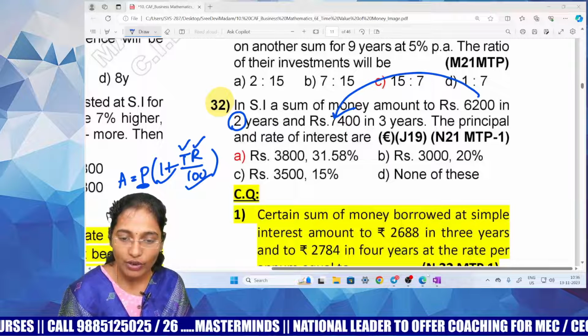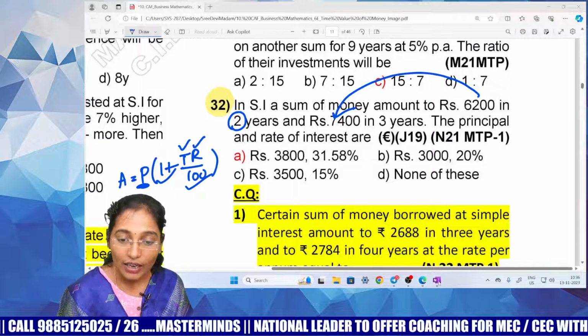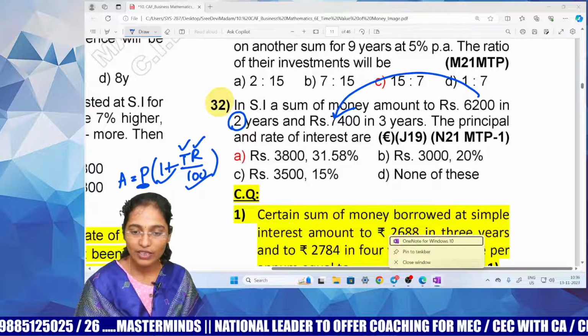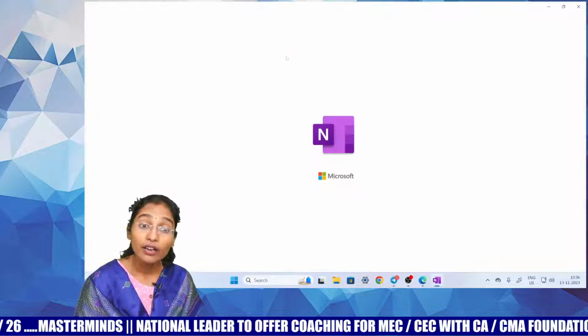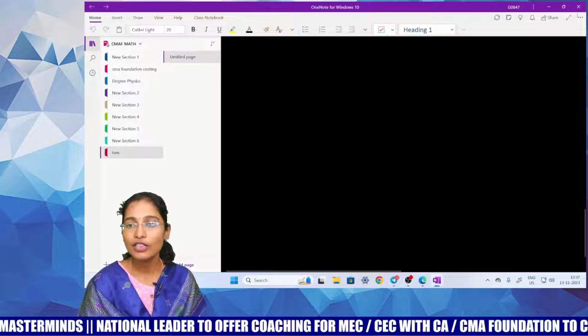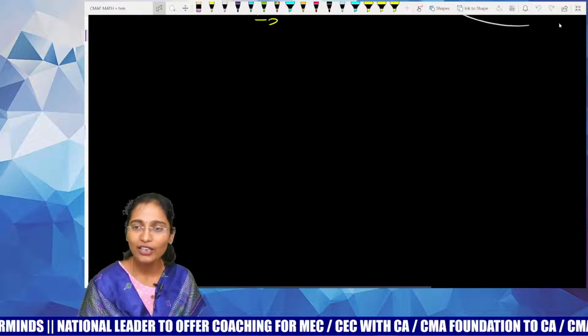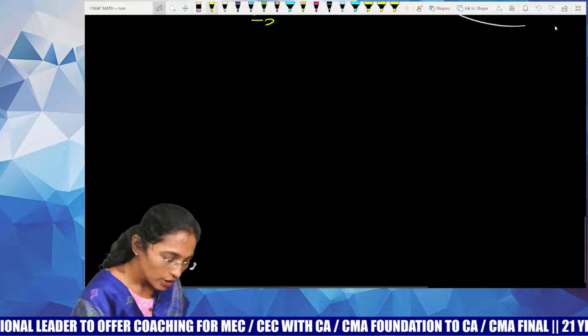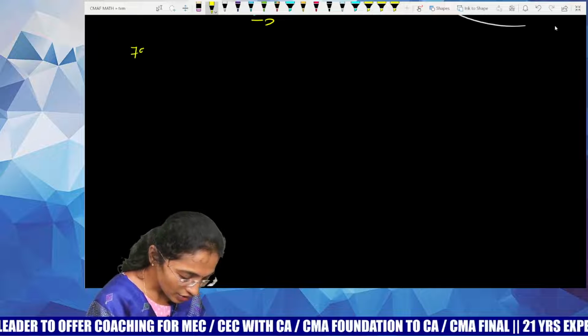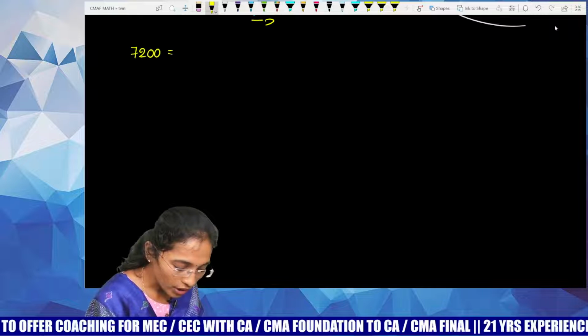I've already told you guys, to solve a question of this kind, the best way is identifying the ratio of amounts. There's no restriction that you have to calculate the ratio of amount 1 by amount 2 or amount 2 by amount 1. So guys, I'm writing 7,400 is the amount after how many years? 3 years.